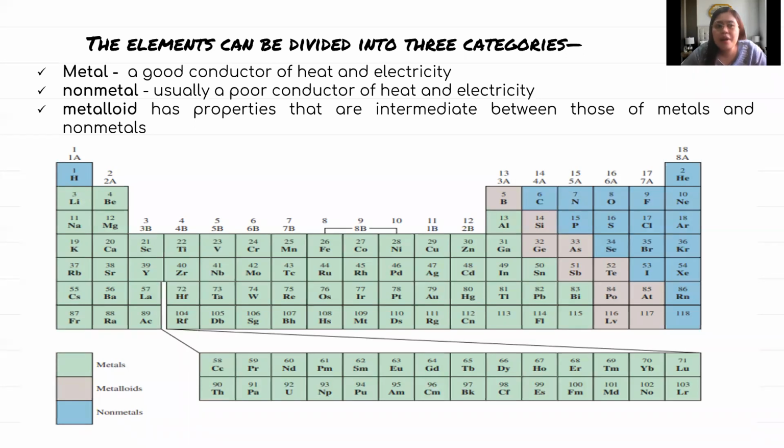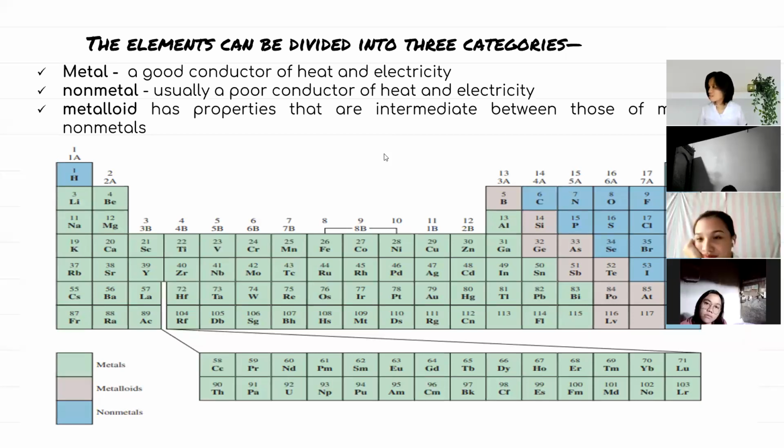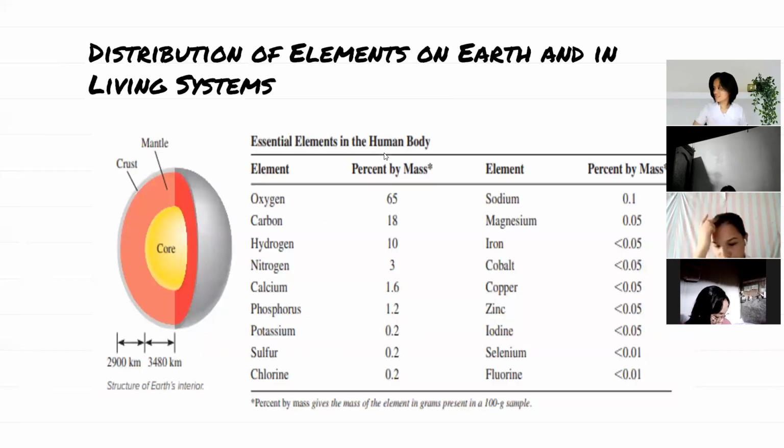They are our metalloids, or we call them semi-metals. So they have properties the same with the metals. They also have the same properties with the non-metals. So we cannot really include them in metal or in non-metal. So we make a new classification, and that is the metalloid or semi-metals. Okay, that's how we divide our elements.